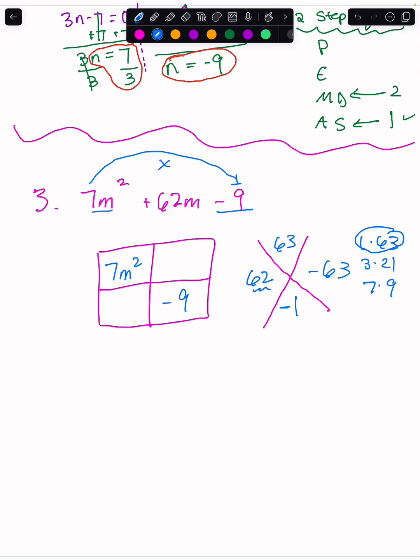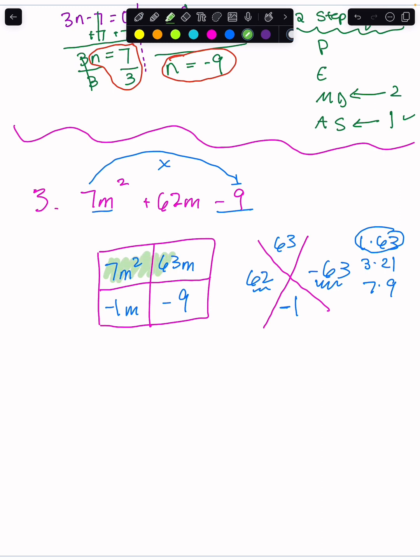And 63 times -1 is -63. So now I'm going to put my 63 up here. We'll put my -1 here. And let's roll.